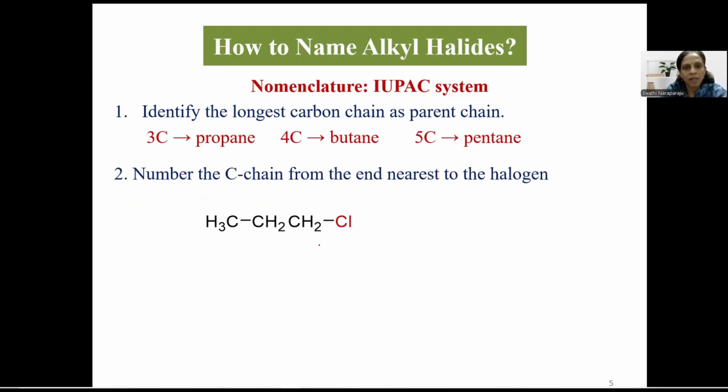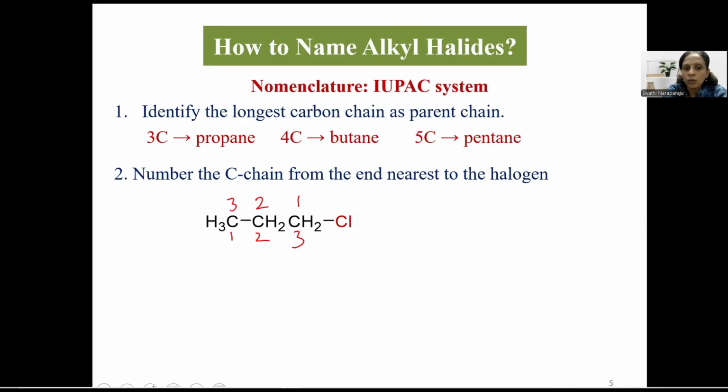The second step is to number the carbon chain. While numbering, we should always make sure that the carbon bearing the halogen gets the lowest possible number. If you consider this example, the carbon chain can be numbered from left to right, that is 1, 2, 3, or it can be numbered from right to left, where the halogen-bearing carbon gets the first position, then 2, then 3.